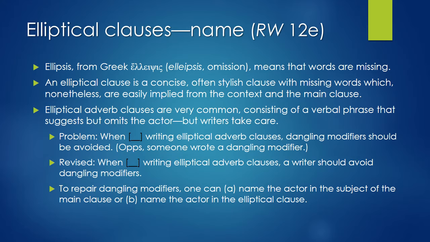When writing elliptical adverb clauses, a writer, and that's what fixes it, is placing the subject who's capable of writing as the grammatical subject in the main clause. A writer should avoid dangling modifiers. So to repair dangling modifiers, one can A, name the actor in the subject of the main clause, which is what I did to repair the dangling modifier, or B, name the actor in the elliptical adverb clause.